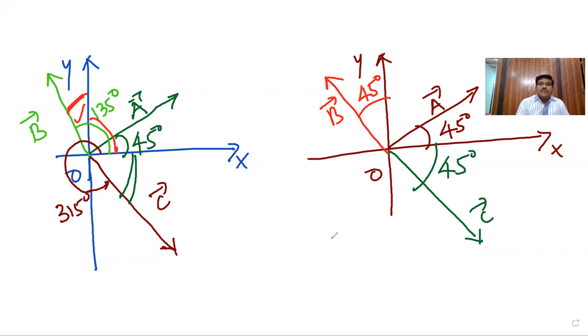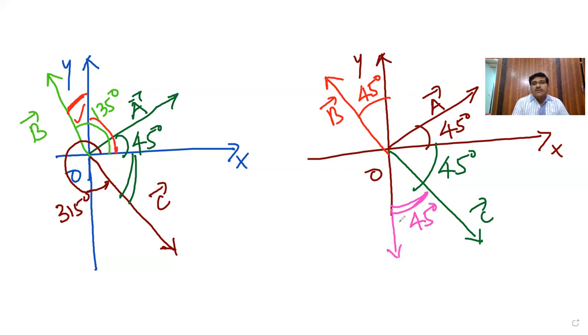Have the clarity? A bar is making 45 degrees with respect to positive x-axis. B bar is also making 45 degrees with respect to y-axis.